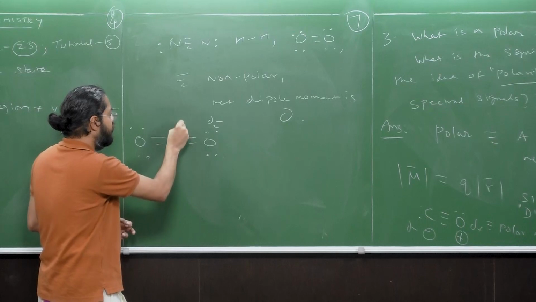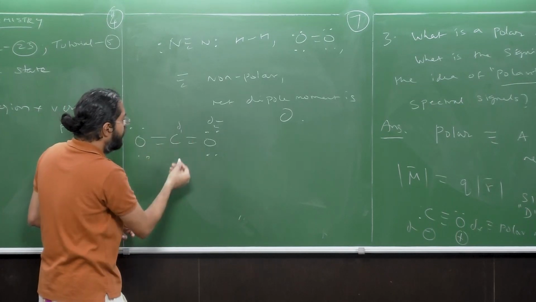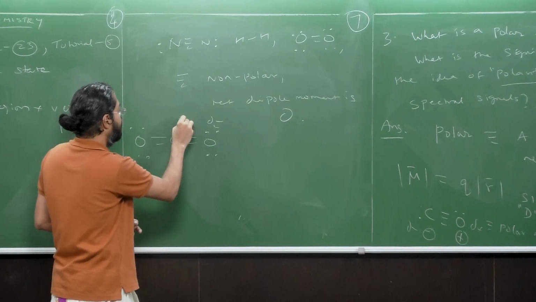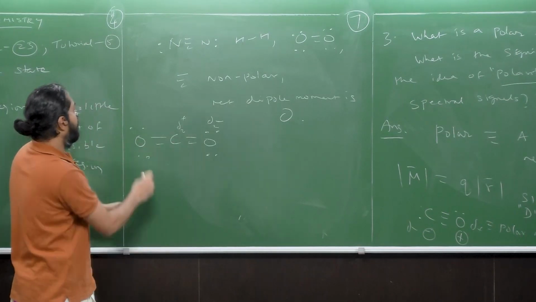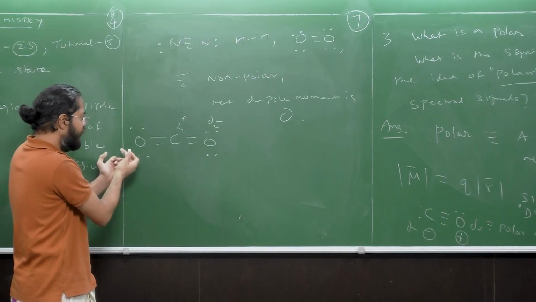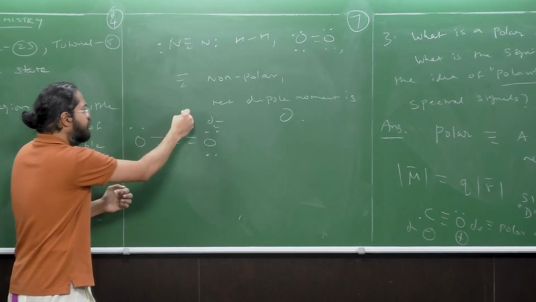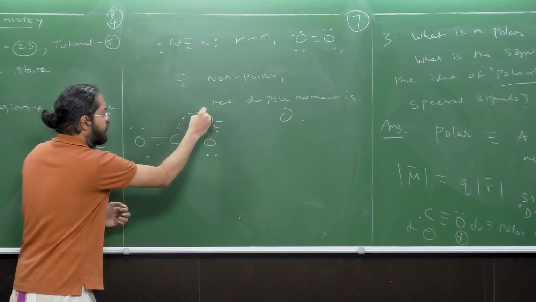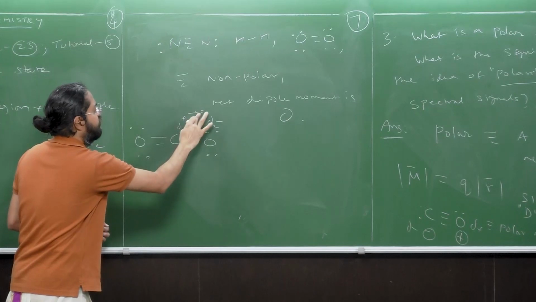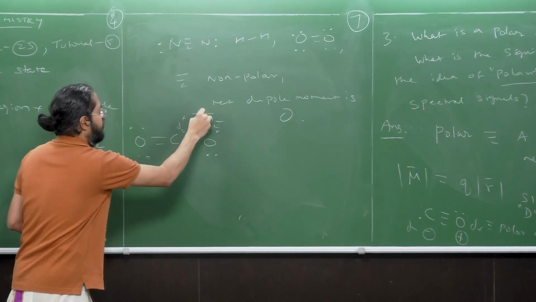And as a result, there is going to be delta 2 plus here. Similarly, due to this oxygen, there is going to be some dipole moment in this direction. It's typically represented like this, sorry for the bad depiction.